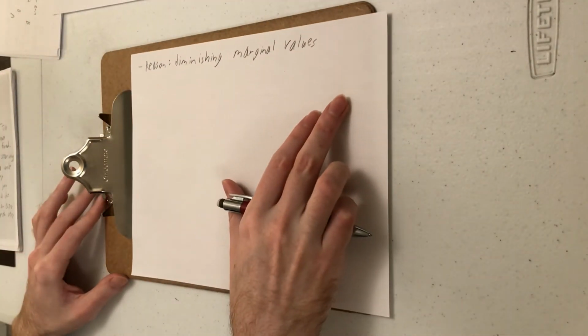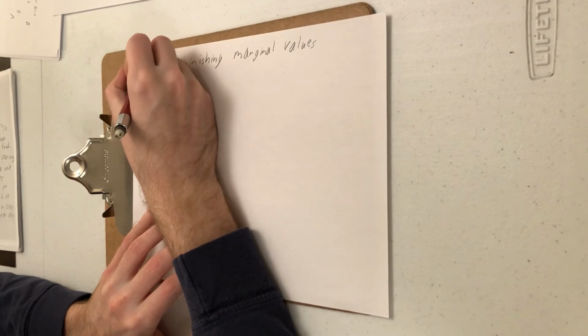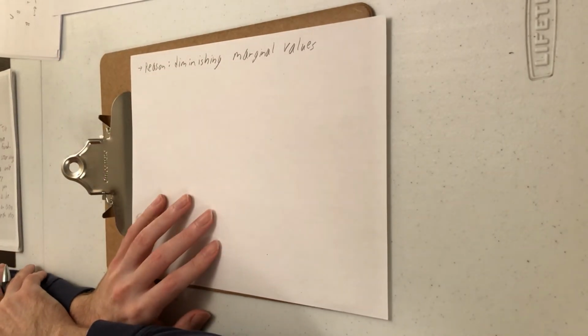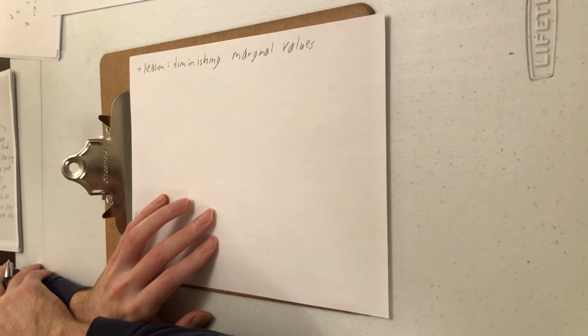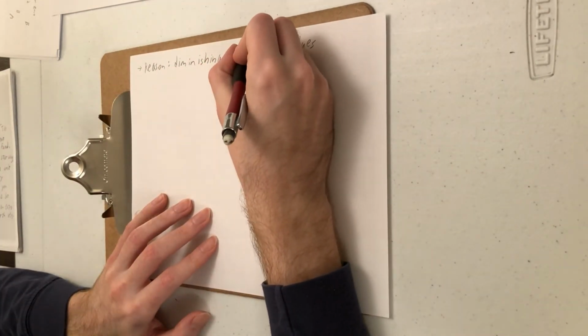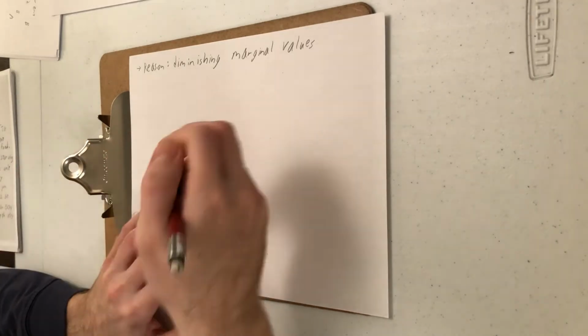Back in chapter 16, I said diminishing marginal values was one of those super important things you'll see many, many times. Well, promise kept. Here it is appearing yet again.